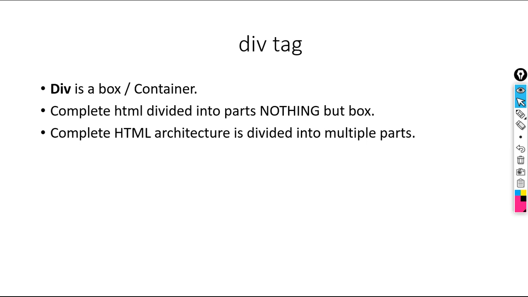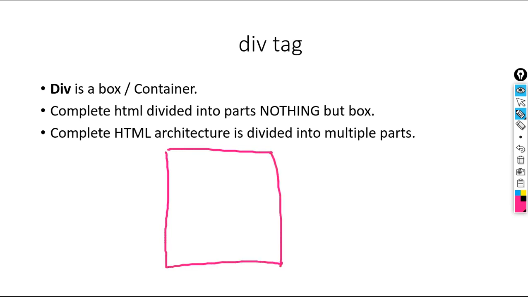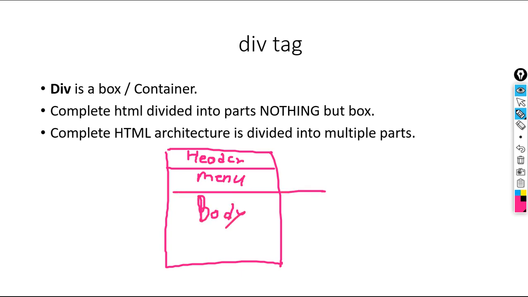So let me help you with a pictorial representation. I have already explained a web page is nothing but these four things: header, then we have menu, then we have body, and here we have footer.